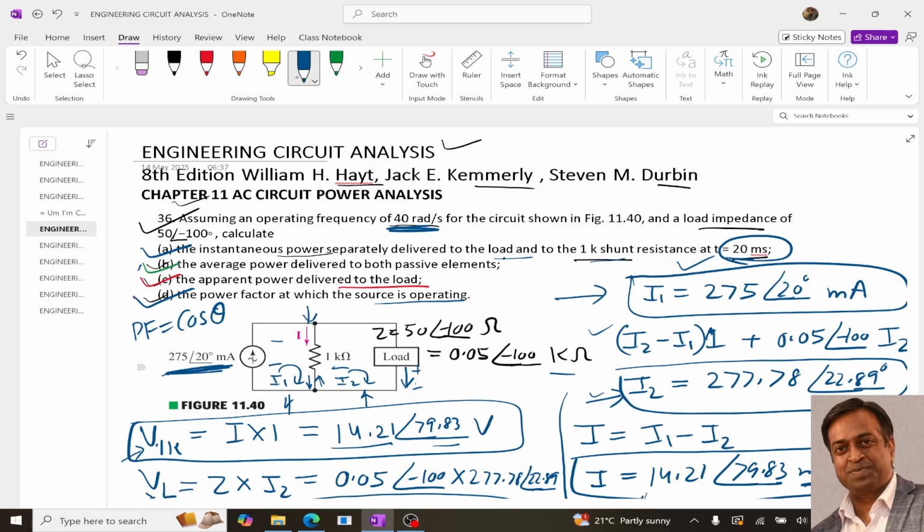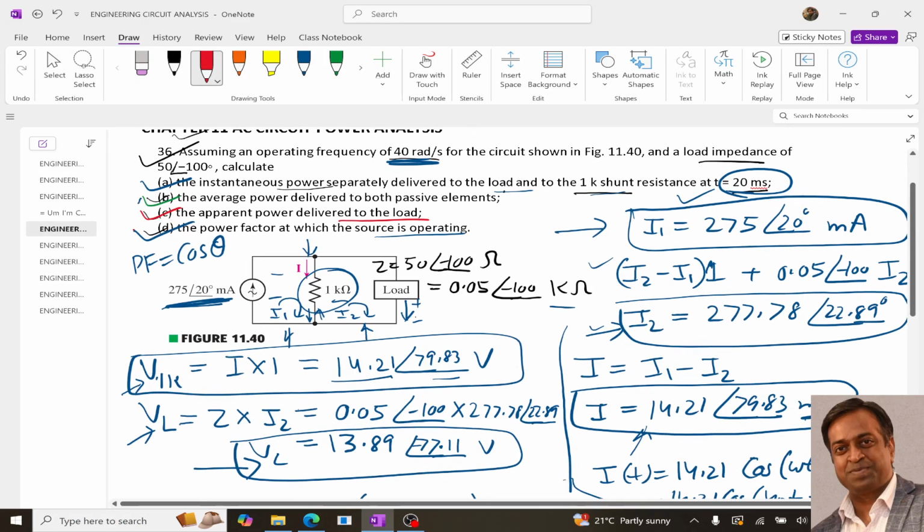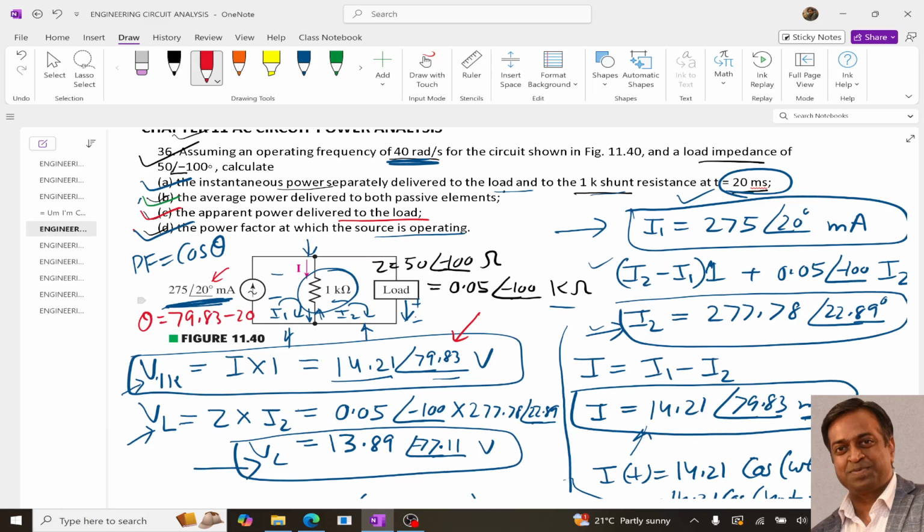Right. So we need to determine what is the angle of this shunt. Over here the angle is mentioned: it is 79.83. Right, and over here the angle is 20. So the cos theta will be cos(79.83 minus 20), so it will be simply cos 59.83, which is 0.503. So the answer to this last part is 0.503.